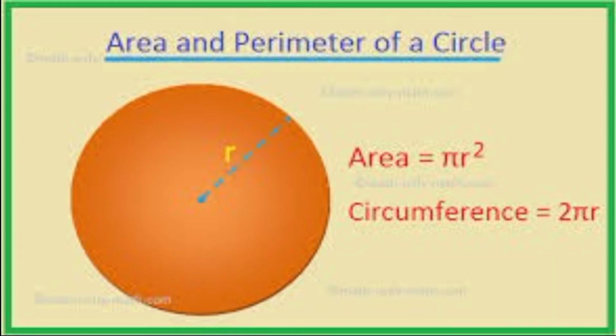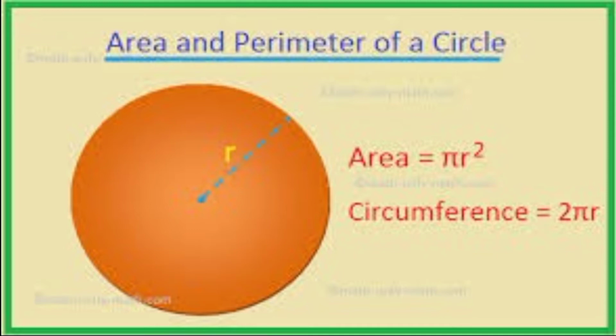And now what is r? It is the radius. So now you can find area by applying the formula pi r square. Now how to find circumference of circle? For this, the formula is 2 pi r. It is very simple. 2 into pi into radius.